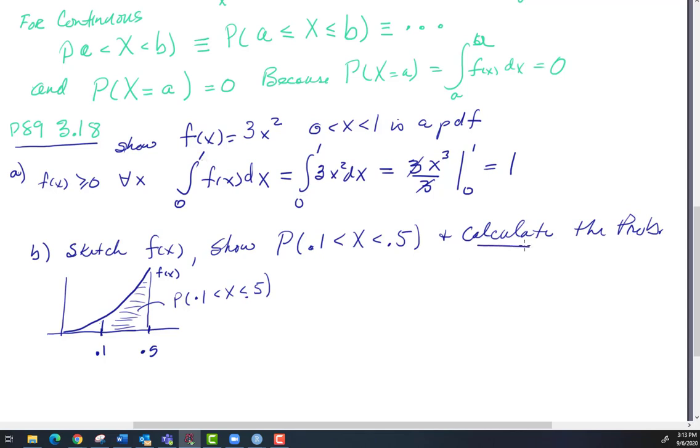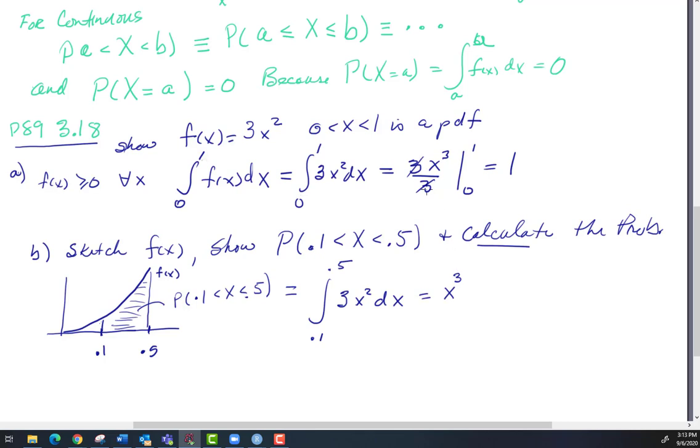And as far as calculating the value, that value would be equal to the integral from 0.1 to 0.5 of 3x squared dx, that is the probability density function, which is equal to x cubed.